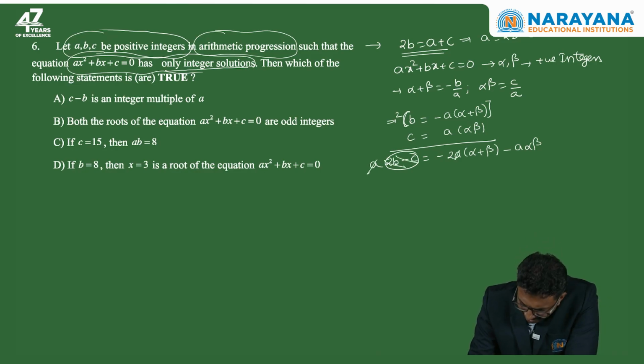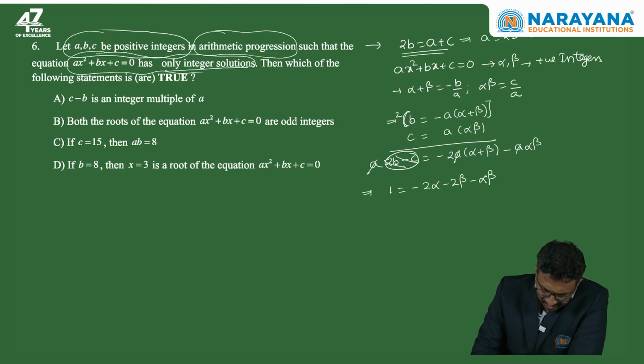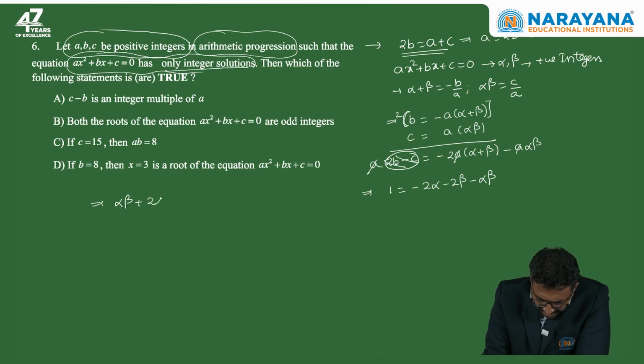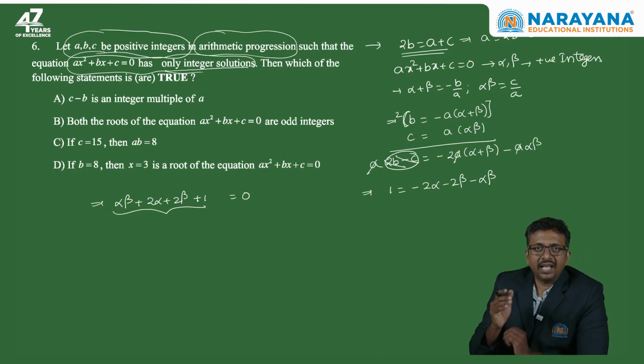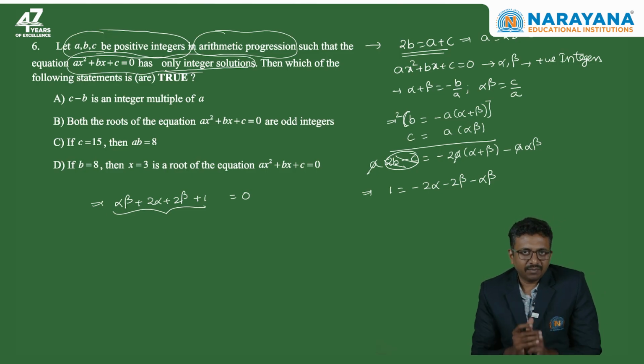So this a are getting cancelled, which implies 1 is equal to minus 2 alpha minus 2 beta minus alpha beta. So which implies if you take everything onto one side, alpha beta plus 2 alpha plus 2 beta plus 1 is equal to 0.